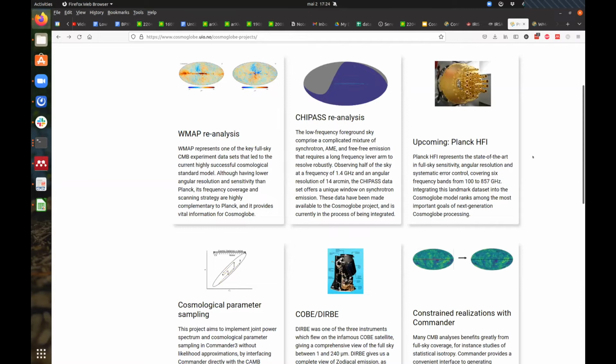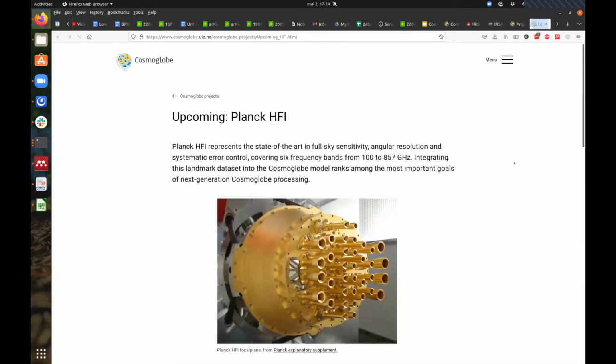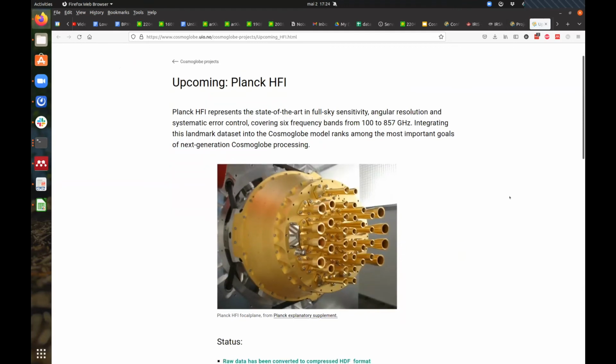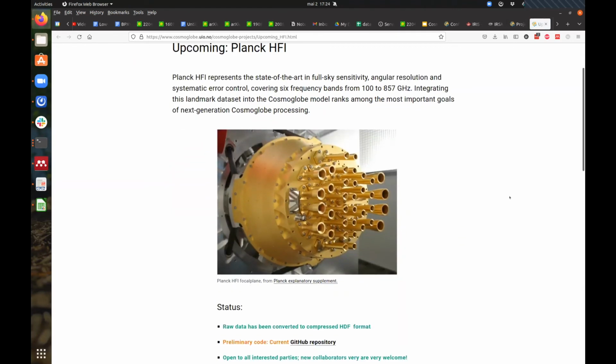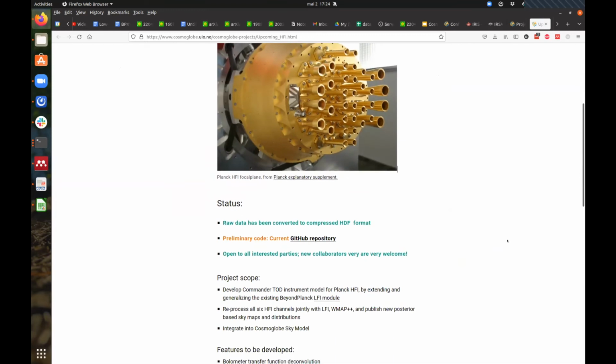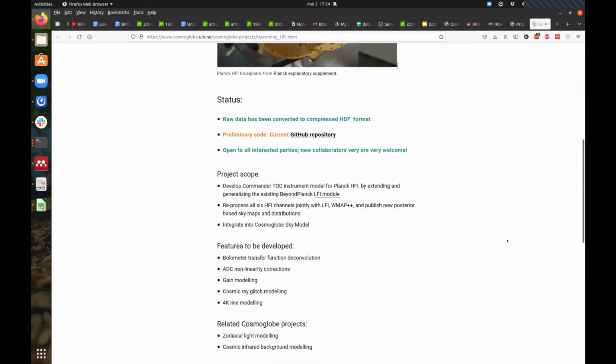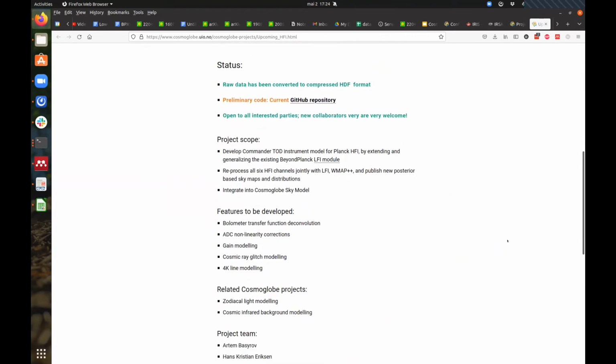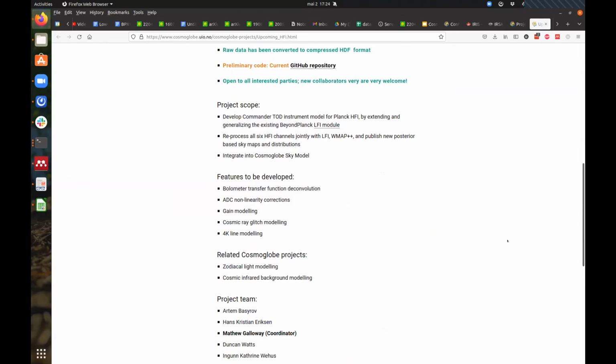Matthew, do you want to say something about HFI? Sure. So yeah, as I mentioned, HFI is in a very early stage at the moment. We have the time ordered data on disk, and we've gotten it successfully loaded into Commander, and we've made bin maps. But obviously, HFI is a very complicated data set and has many systematic problems that need to be addressed.